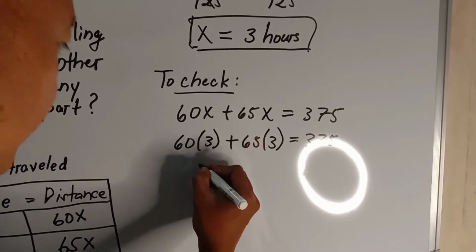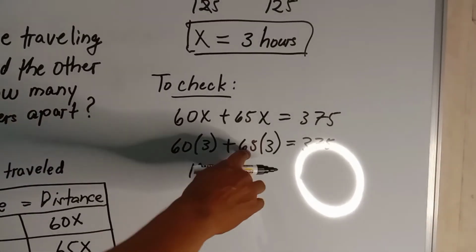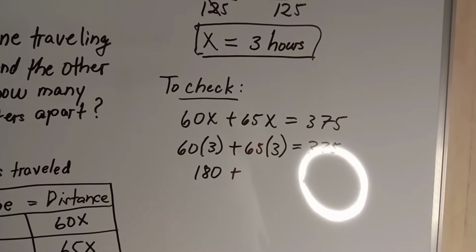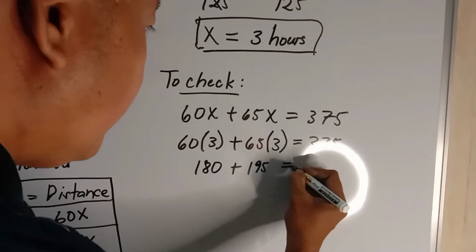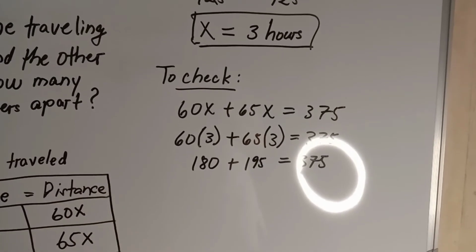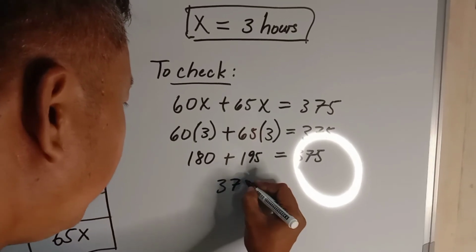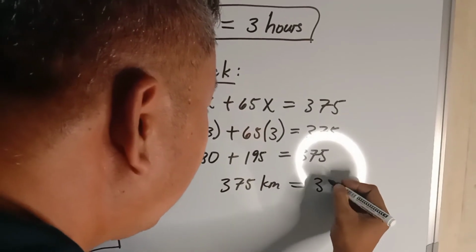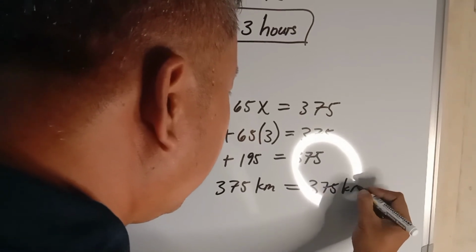60 times 3 is equal to 180, plus 65 times 3 is equal to 195 kilometers. 180 plus 195 is equal to 375 kilometers, which is equal to the total distance traveled between the two buses, 375 kilometers.